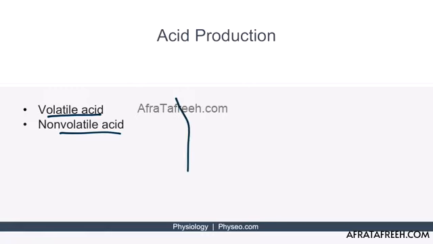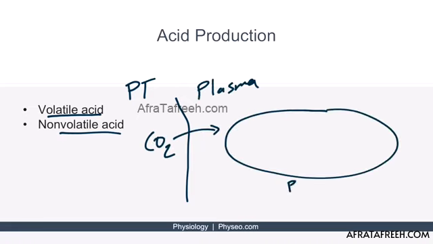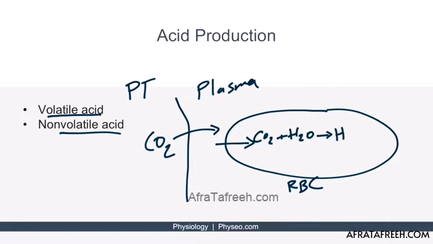So this represents peripheral tissue, and it's producing CO2. This is the plasma, and this is a red blood cell. Once in the circulation, carbon dioxide can diffuse into red blood cells and be converted to bicarbonate through the following reaction.